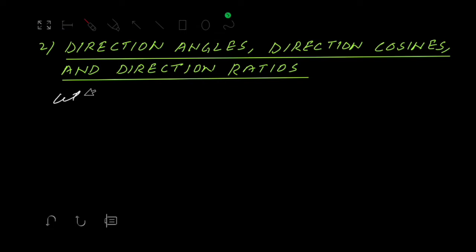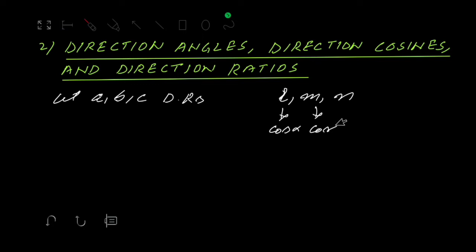So let a, b, c be direction ratios, which are written in short D.R.s. And generally direction ratios are denoted by small letters a, b, c, and direction cosines are denoted by small letters l, m, n. So l stands for cos alpha, m stands for cos beta, and n stands for cos gamma.